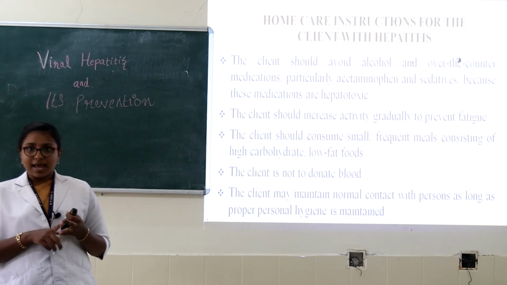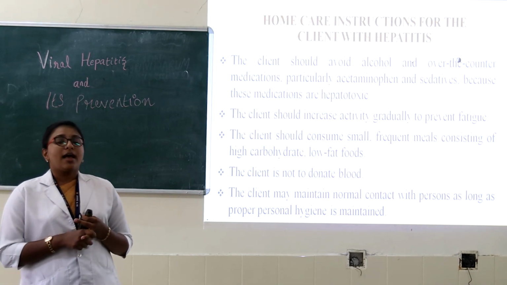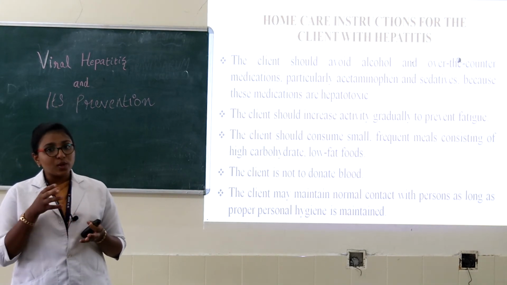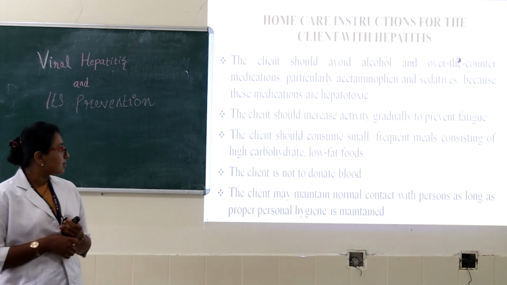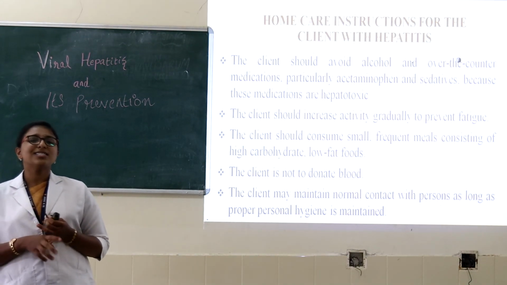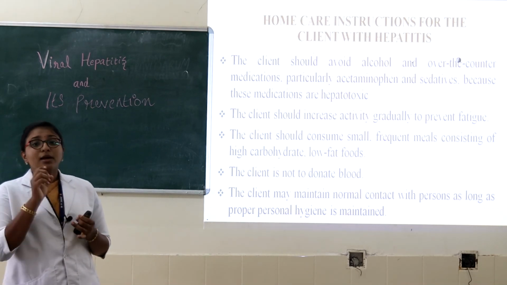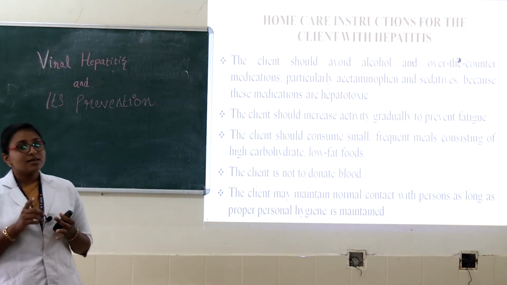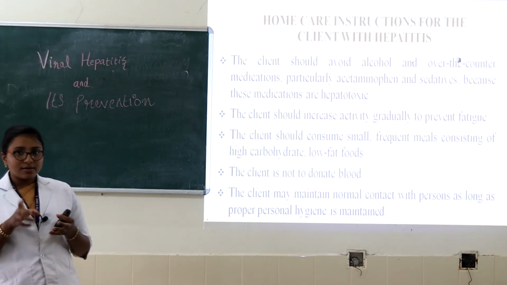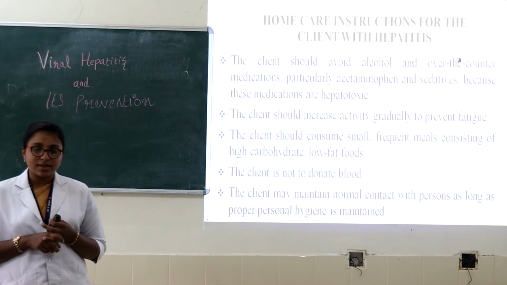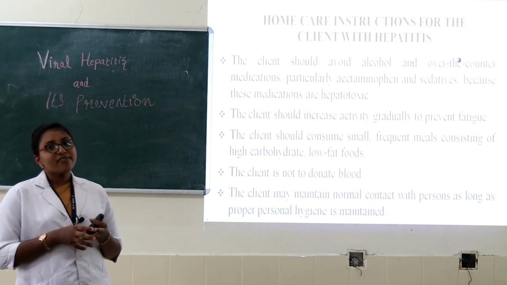Then the client should take adequate rest, and also take adequate rest in between activity in order to prevent fatigue. Then they have to take small frequent meals consisting of high carbohydrate and low fat foods, because the liver produces digestive enzymes for the digestion of fat.